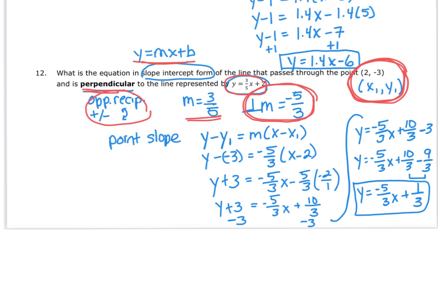I have a point, I have a slope. I can put that into point-slope form and then convert to slope-intercept form by solving for y. A lot of work. It's not hard, but there are several steps involved, so you need to have enough practice to be familiar with this type of problem. We're going on now to our last page of our review.